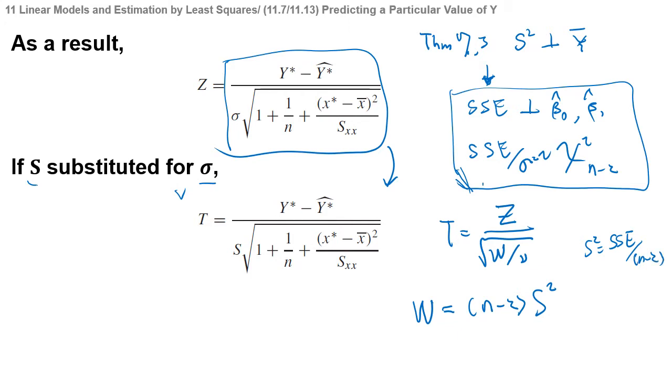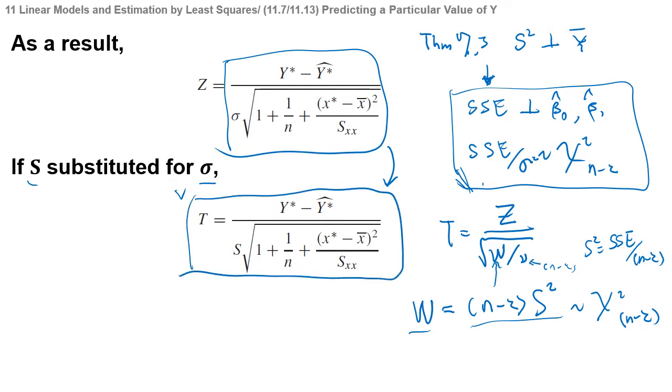Okay, so let's define our w as this thing. Then we can find that this w follows chi-square distribution with n-2 degrees of freedom, and if you put n-2 s square here in w, and let's put nu as n-2, then n-2 cancels, then you can derive that the t distribution of ours is this thing, and degrees of freedom is also n-2. You can derive this thing.